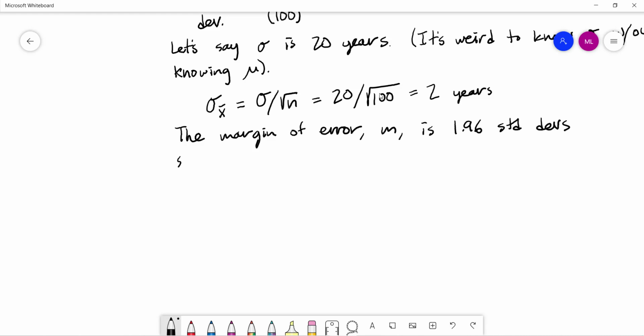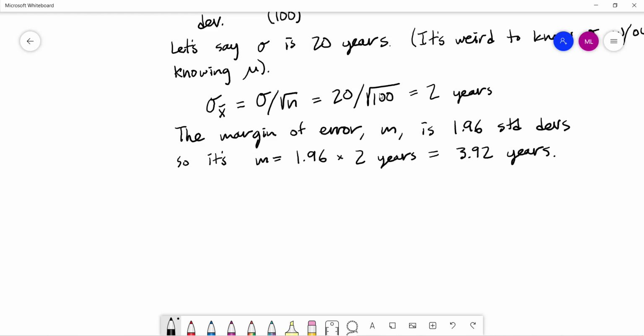So it's m equals 1.96 times the 2 years. And if we do that, we get about 3.92 years. That is the plus or minus that we need.